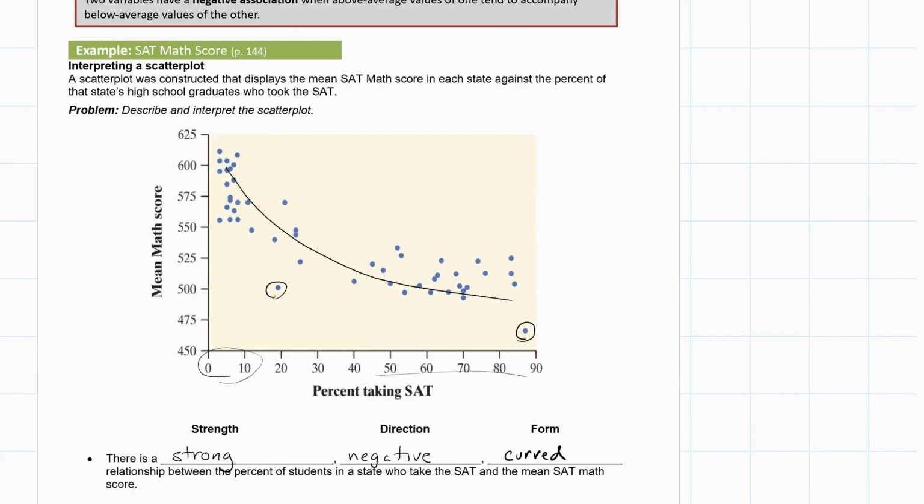So I would say the one that looks to be about 18% taking with an average score of 500, or the one where it looks like about 87% are taking, and it seems to have an average score of about 460. Those look to be outliers in that they're outside the general trend.